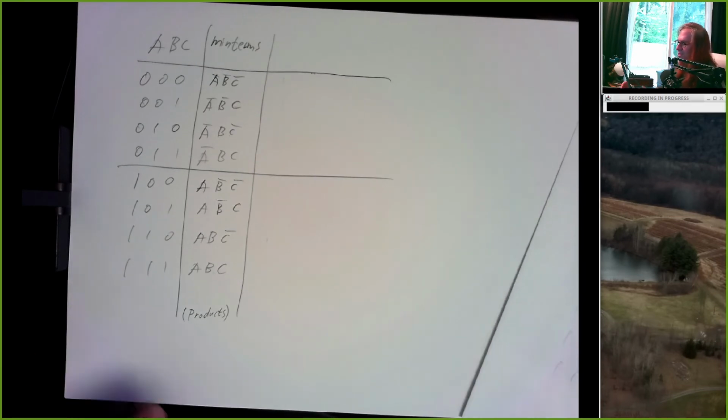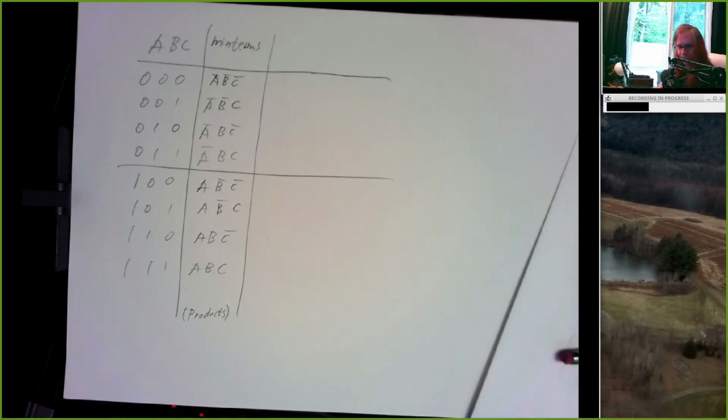All right. So for an SOP, we write our function as a sum or an OR of minterms.